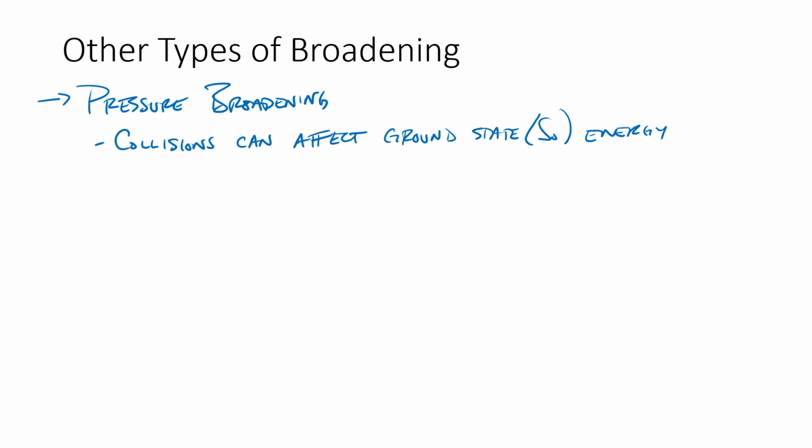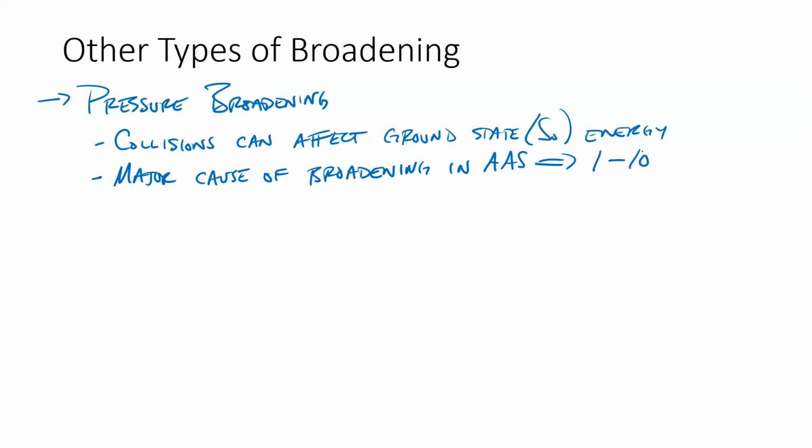This is because we're dealing with high temperatures in a flame, right? High temperatures means increased kinetic energy, means faster moving molecules, means more collisions per second. And so this is a big cause of broadening in AA. So this is a major cause of broadening, and can be on the order of 1 to 10 picometers.